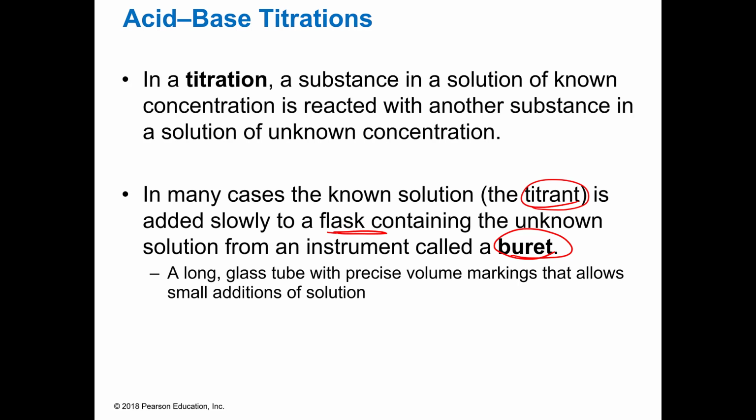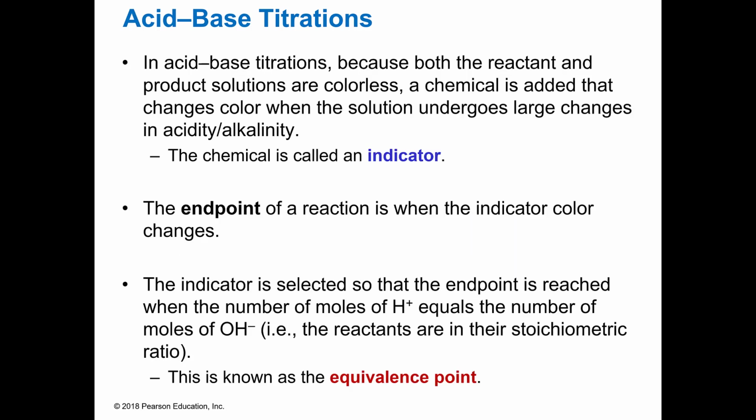This burette is marked, it's very precise, and it allows us to add small drops of it so that we can precisely find what that amount is that we need to add.